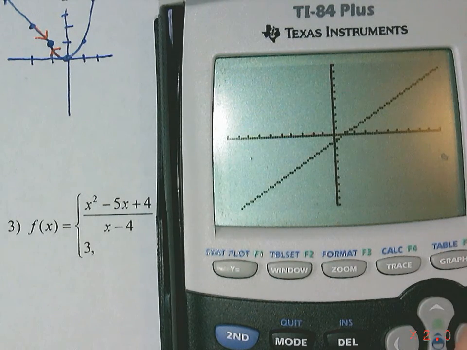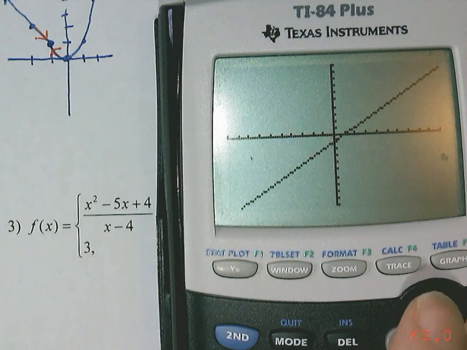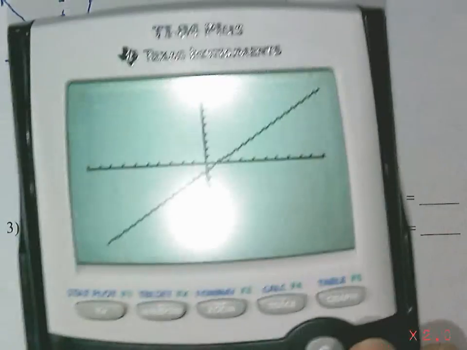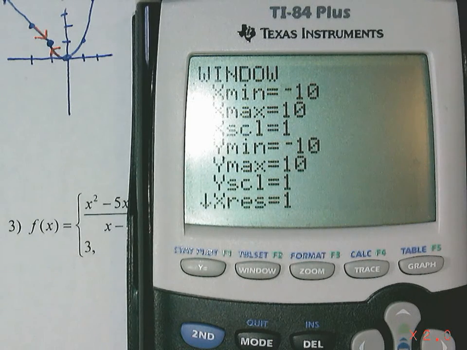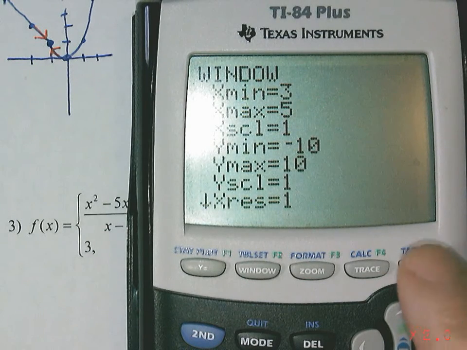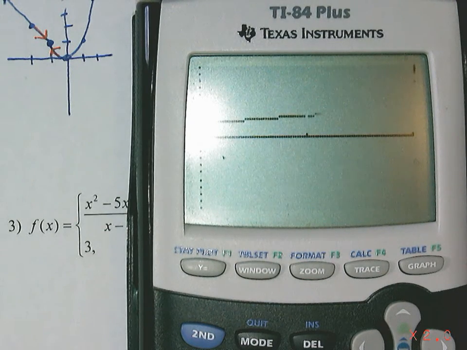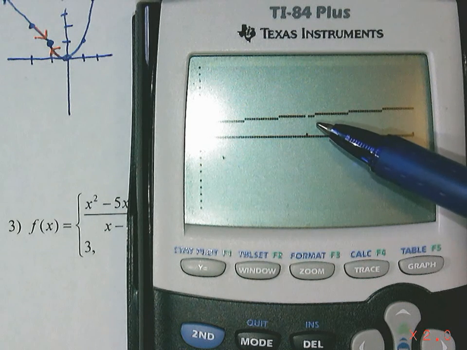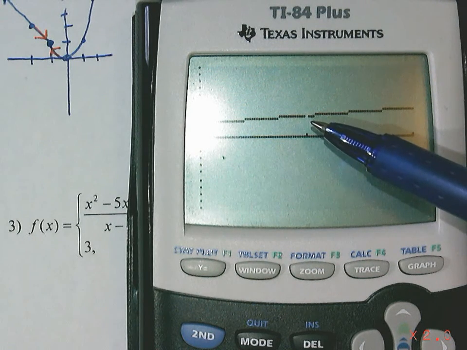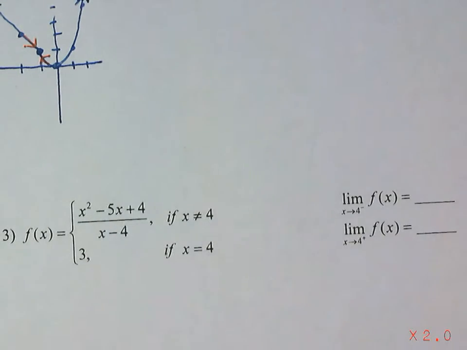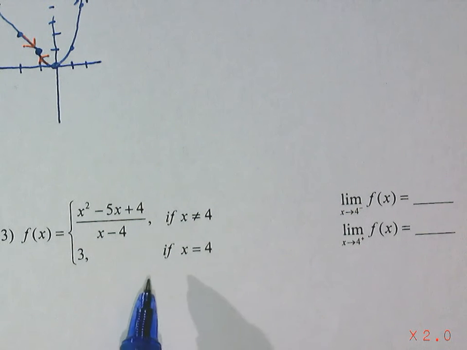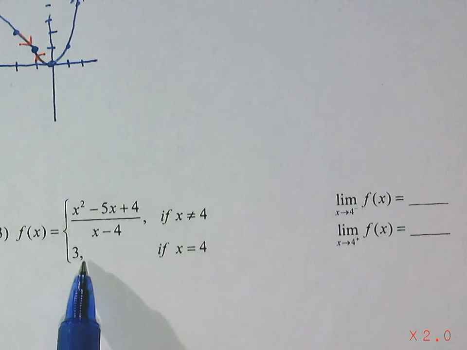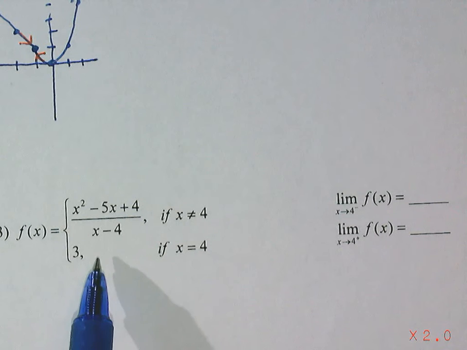So what's happening is it looks like a straight line, but if I look really close when x equals 4, so I'm going to change my window to go from 3 to 5, you can barely see there's a hole right there at x equals 4. And what's happening is it's this function whenever x is not equal to 4, and its value is 3 when x equals 4. There's my removable discontinuity.